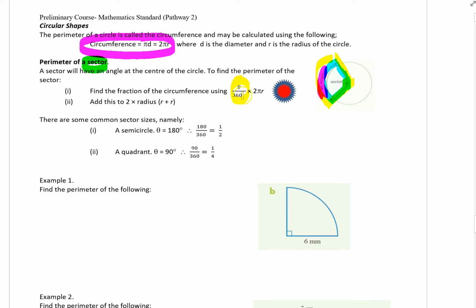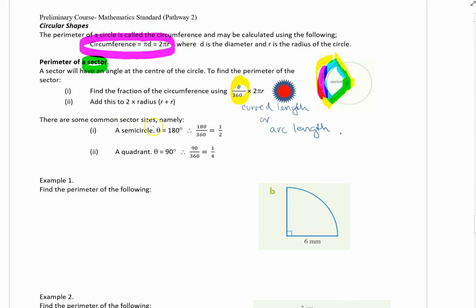That fraction of the circumference gives you the curved length, and another name for the curved length is the arc length. These are things that need to go in your points and your summary. And don't forget, if you're getting the perimeter of the entire section like I highlighted here in yellow, you need to add 2 lots of the radius, or the radius plus the radius.